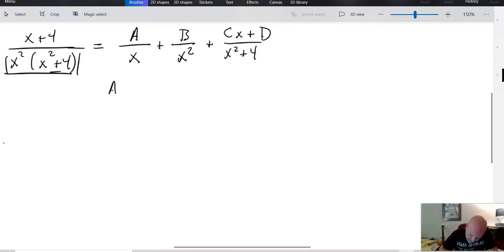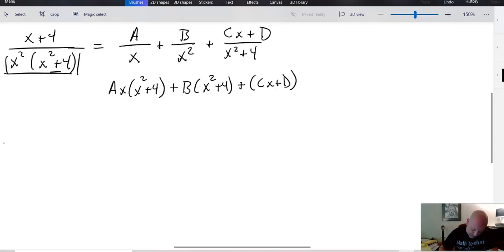So I end up with ax times x squared plus 4. And then over here, the whole x squared will cancel. So this is now b times x squared plus 4. And then here, the prime quadratic term is going to cancel, and we'll be left with the x squared. So this is times cx plus d times x squared.